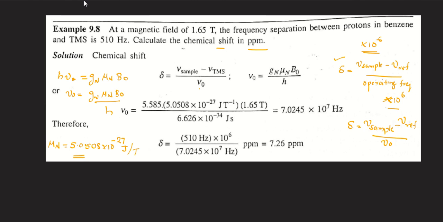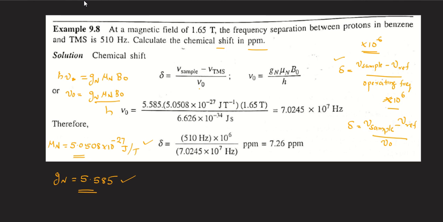Also, one more thing you need is the value of Gn, that is the nuclear G factor. The value is 5.585. This is also not given in the question, so you need to know these two parameters, the value of the nuclear magneton and the value of the G factor for the nucleus.